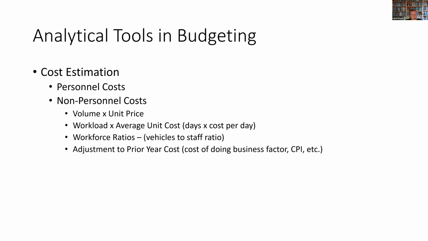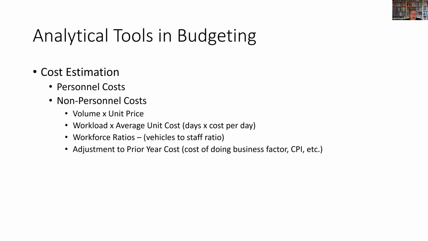Non-personnel costs can be a little bit trickier depending upon the non-personnel costs that you're trying to estimate. One simple way to estimate non-personnel costs is volume times unit price. So how much does it cost per unit? How many units are you purchasing? So you're purchasing staples for your office for next year. Well, what's the unit cost per box, and how many boxes are you purchasing? Pretty straightforward again.